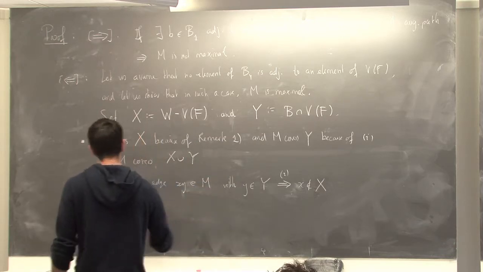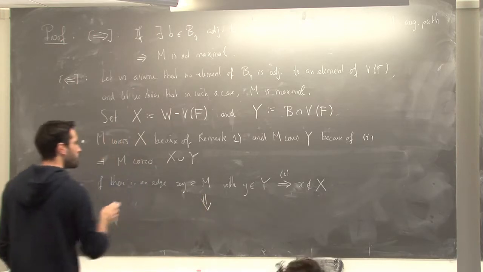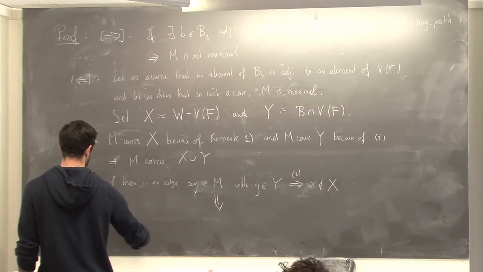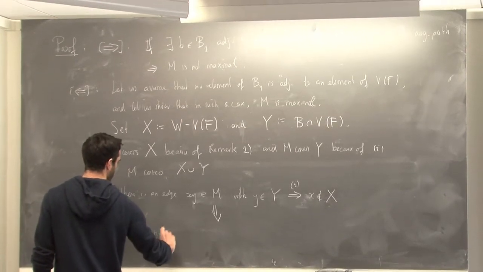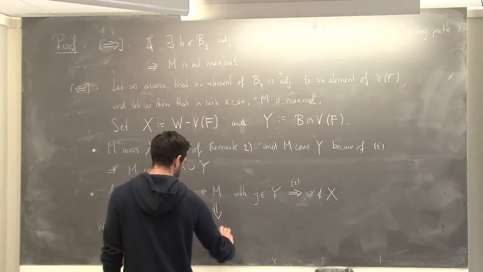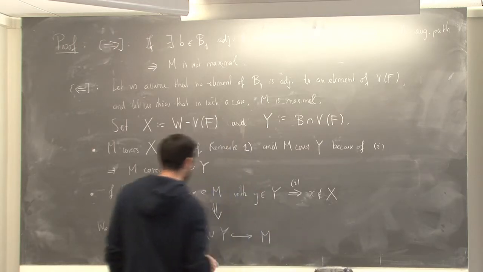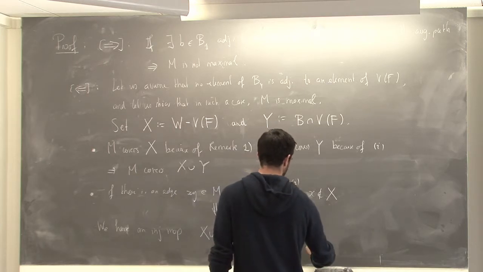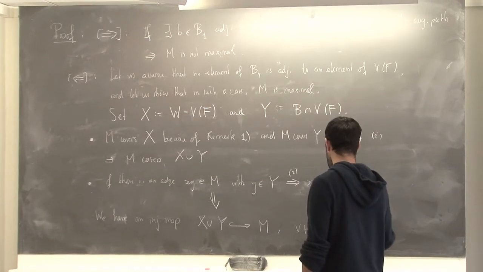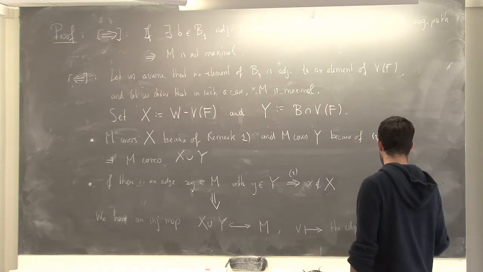Okay. So these two points show that we have an injective map from X union Y to M given by v goes to the edge of M covering it.